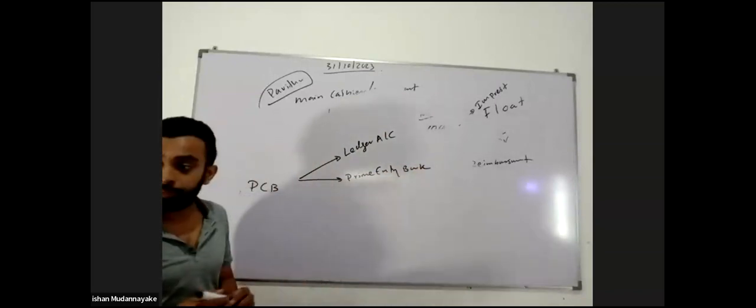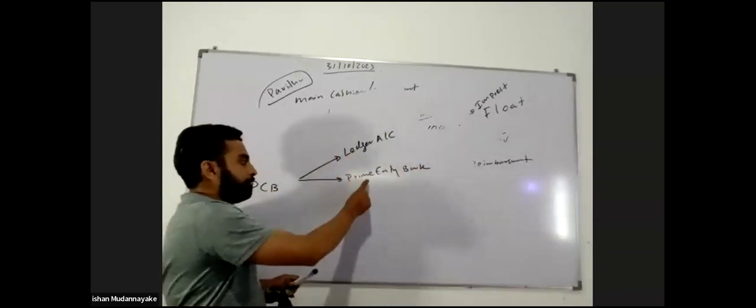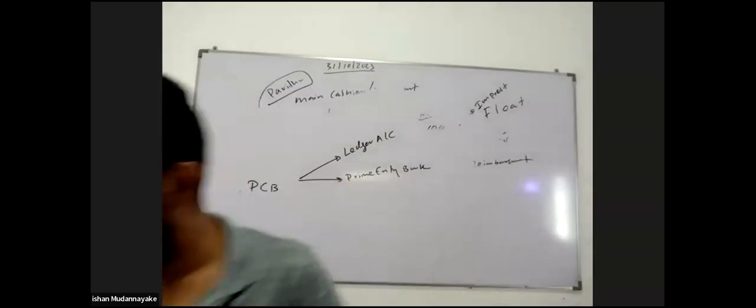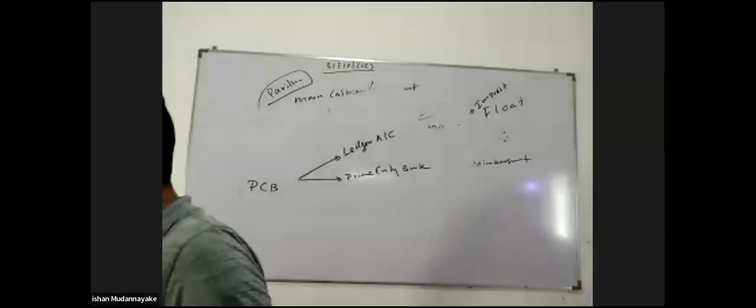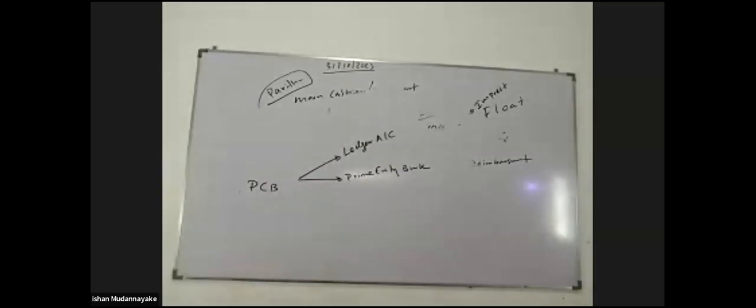In front of that topic, write down ledger account and then primary book. Okay, that clear? Fine.